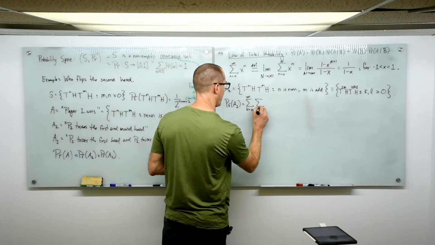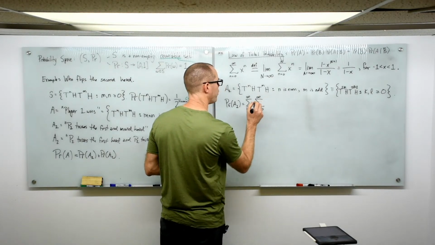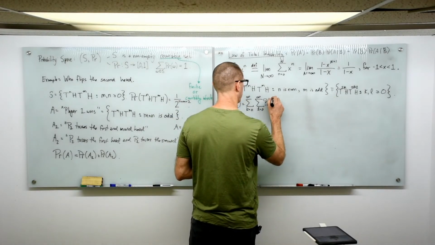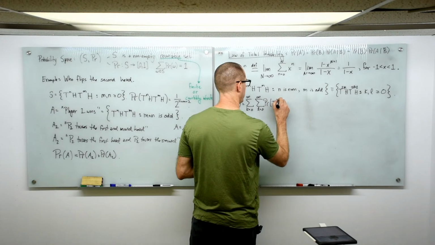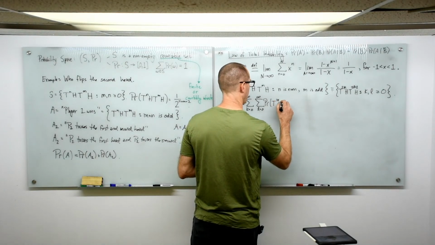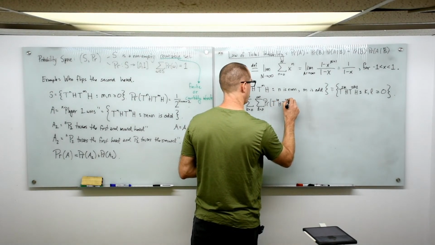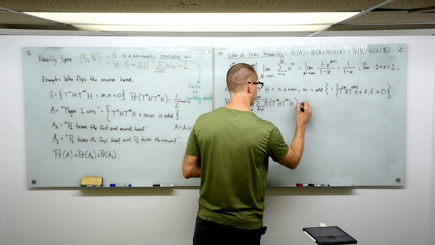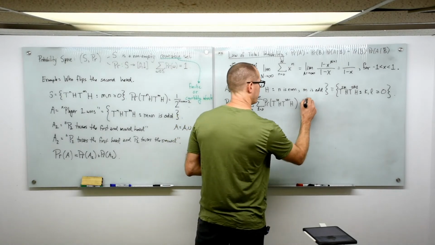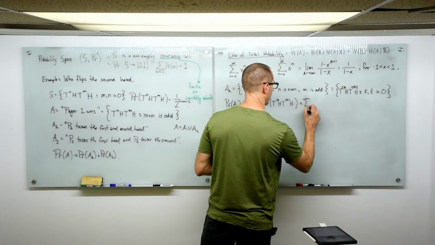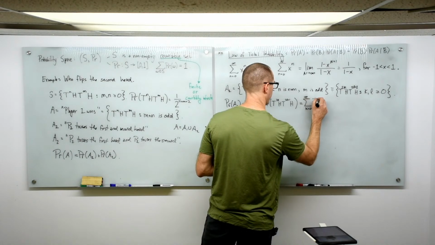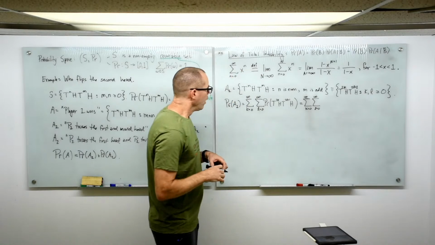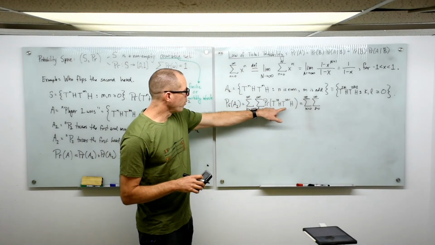Inside of that, we have l running from 0 to infinity of the probability of this thing, t to the 2k, h, t to the 2l plus 1, h. So what's the probability of one of these things?